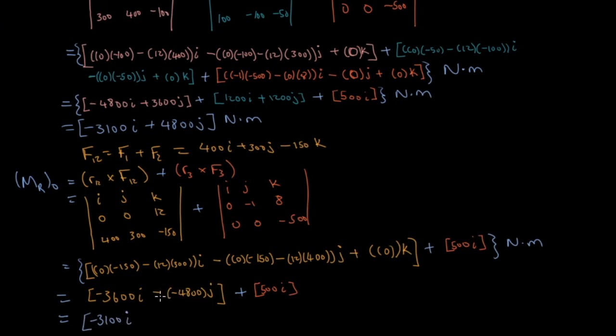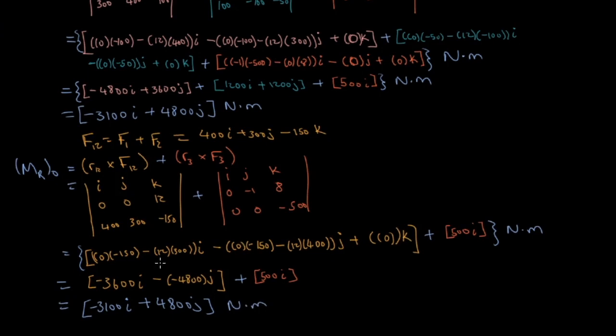And then negative 4800 is just going to be positive 4800j. This will be in Newton meters. And as you can see, we get the same answer here. So this would be the resultant couple moment.